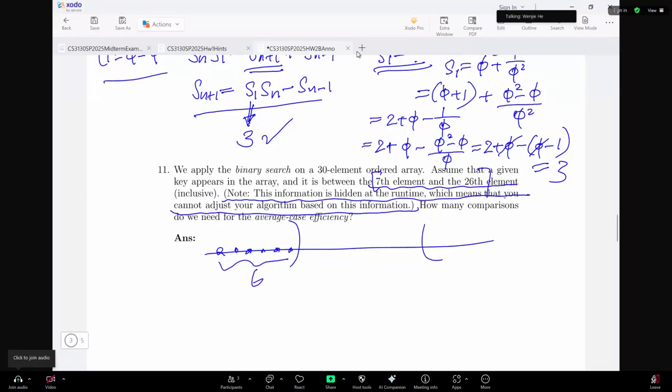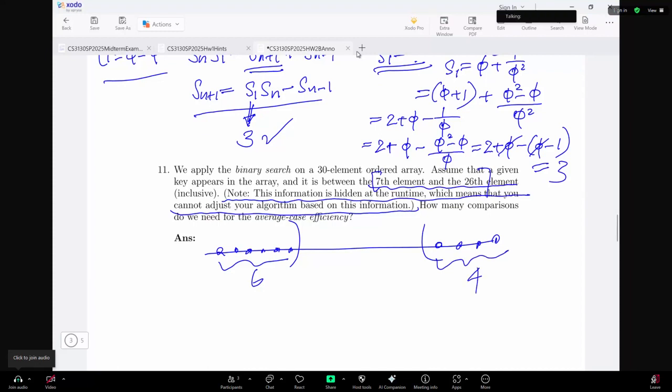On the right end, how many? 30 minus 26, 4, right? 7, 8, 9, 10. So 4 elements at the right-hand side you can remove.